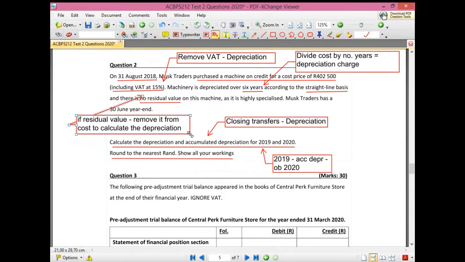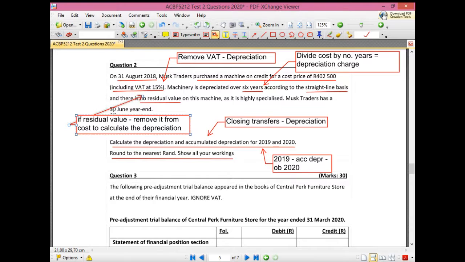So in the future, when I want to get rid of this car, that is how much money I say I can get for that car. So that's why we remove it, and we will only depreciate that vehicle up to that value. Okay. Because at that date, we say it needs to be worth 20,000, so that is what will be left over. We will depreciate everything up to that value. Okay, so in this scenario, there is no residual value, so you don't have to deduct it. But if they give it to you in the test, remember to remove it.